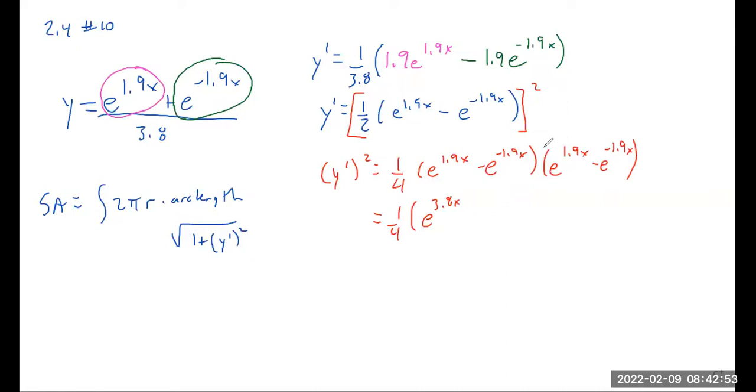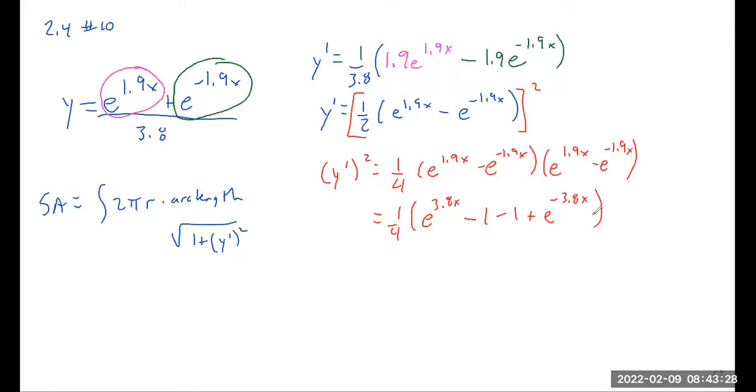Since those exponents are opposites, they add up to 0. So I get e to the 0, which is 1. So the outside's going to give me -1. The inside's going to give me another -1. So that's the OI part. And then the last, I'm going to get plus e to the minus 3.8x.